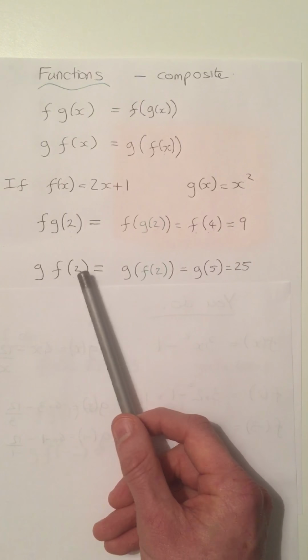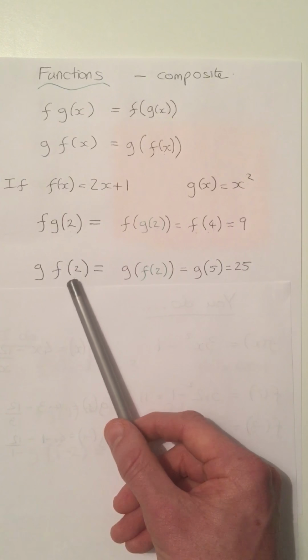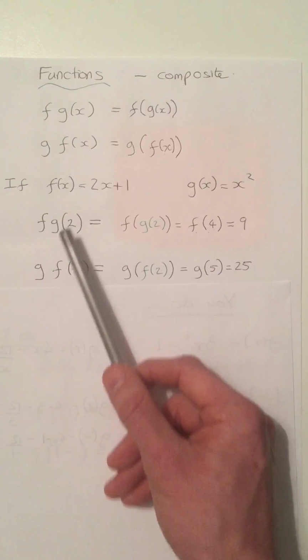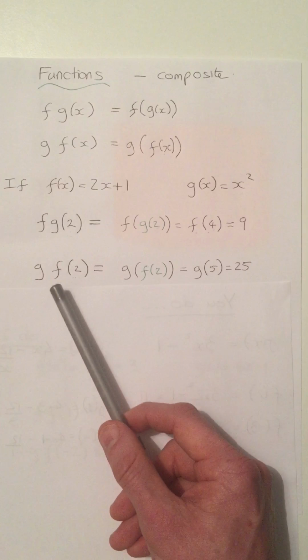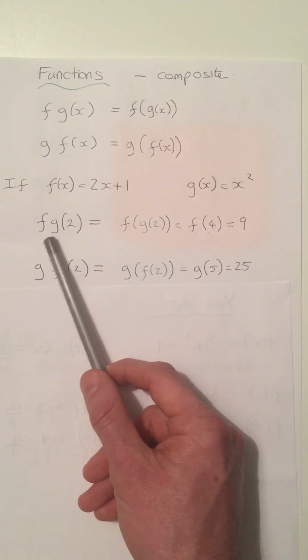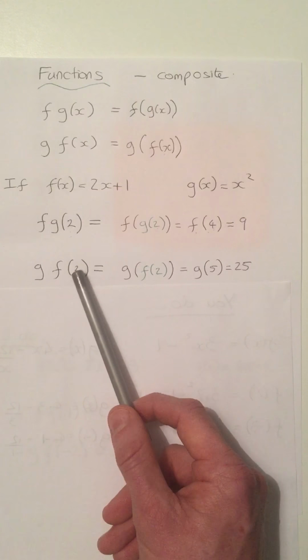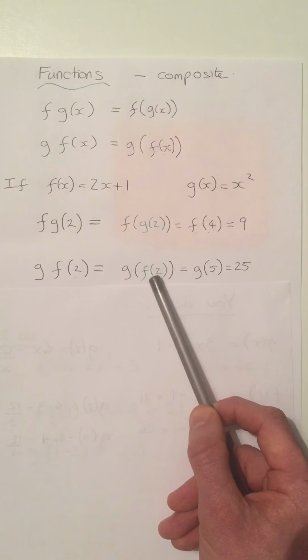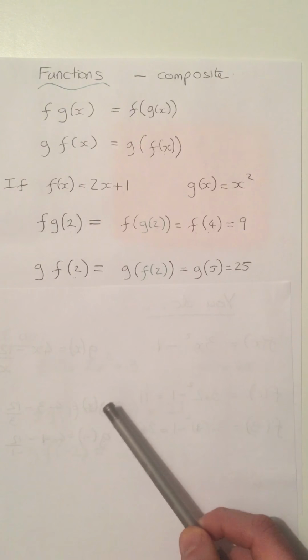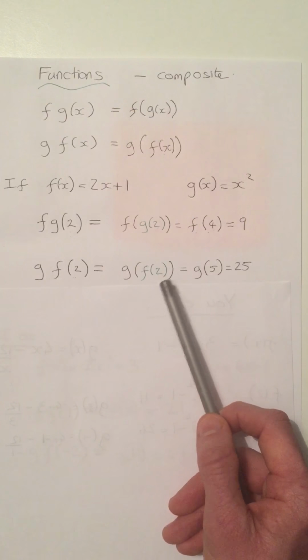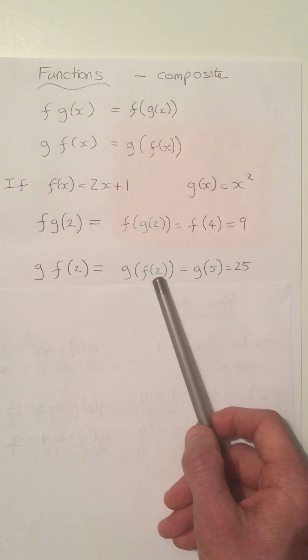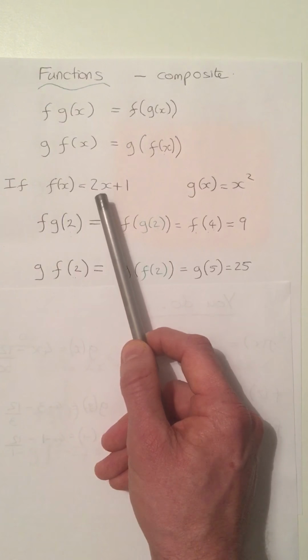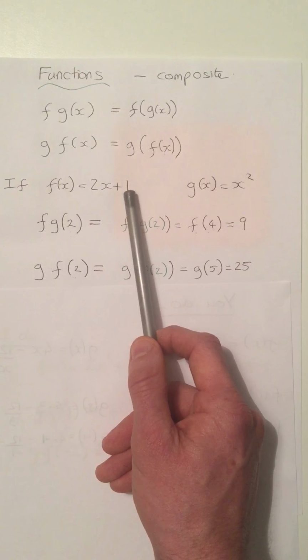Next, gf of 2. Again, that might look similar to this, but they are not the same thing. This means something different to this. This is saying to substitute the 2 into the f function first, get my answer, and then substitute that into the g function. So when I put 2 into my f function, 2 times 2 plus 1 is 5.